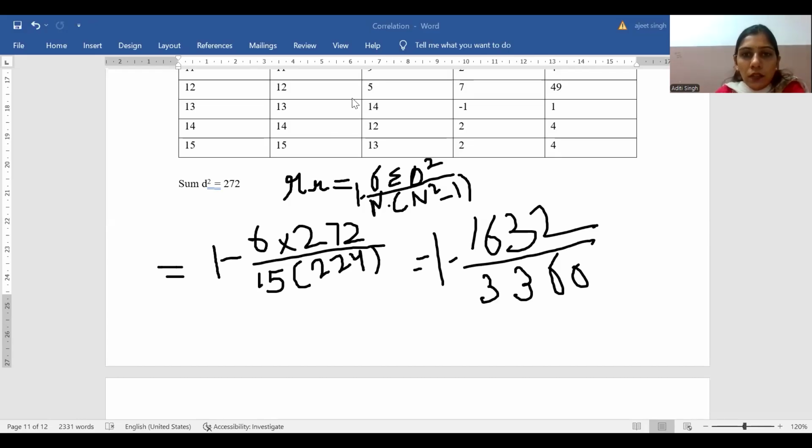Basically, 1 minus 0.486. Now the value of R, let's subtract again. 1 minus 0.486 is equal to 0.514.